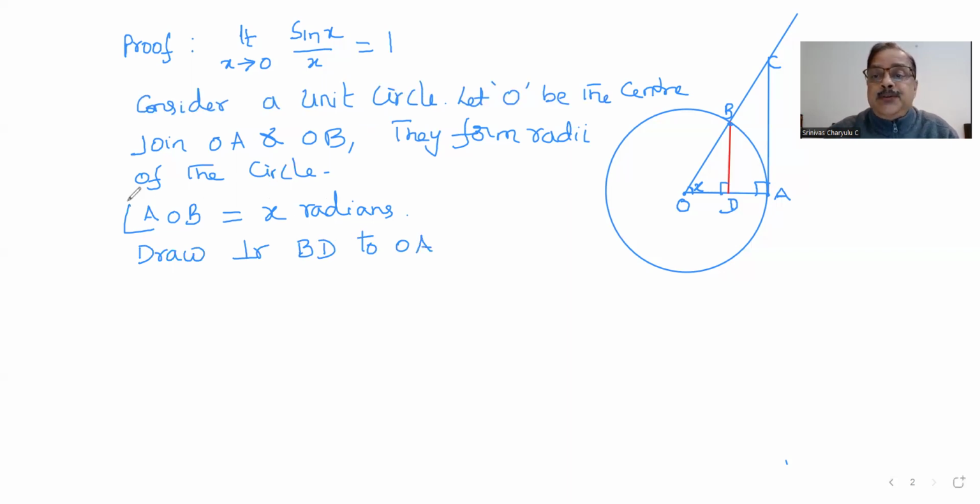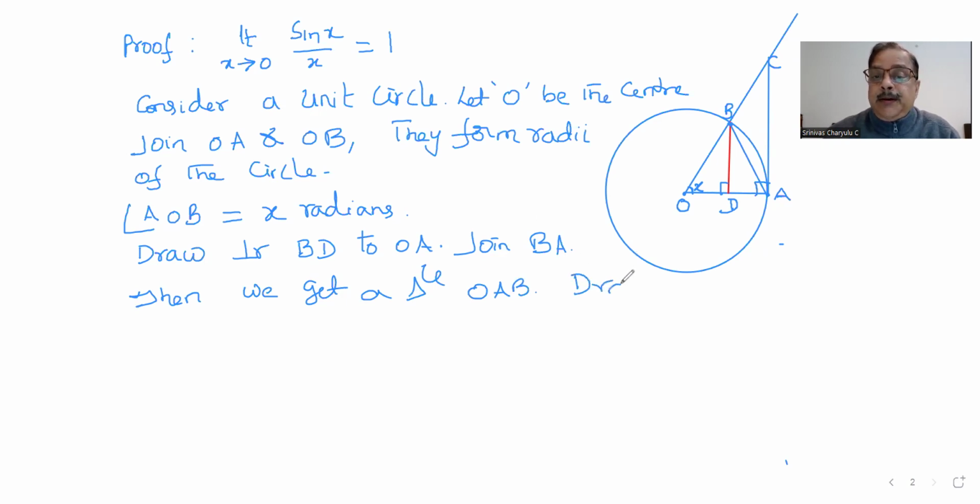Next step, I'm joining B to A. If you observe clearly, after joining BA, I got a triangle OAB. Understood? Next, draw a perpendicular AC from A. You observe this line now, it is a perpendicular.